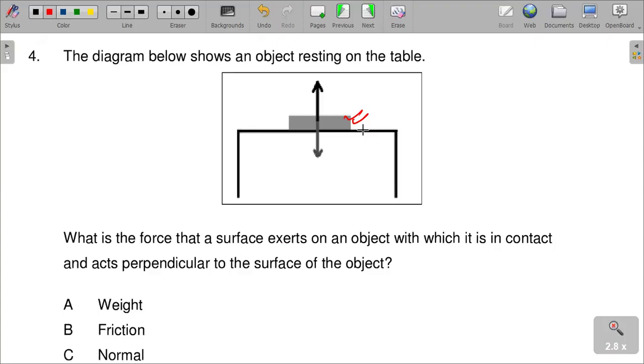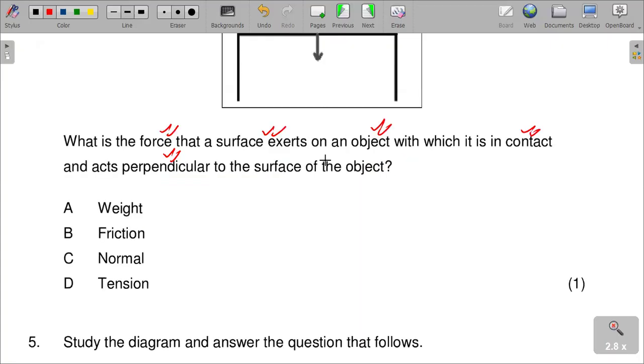So when the question is like that, what we are saying is that the force that a surface exerts on an object which it is in contact with, it acts perpendicular to the surface of the object. So it is a normal force. We are saying the force that is exerted there is a normal force.